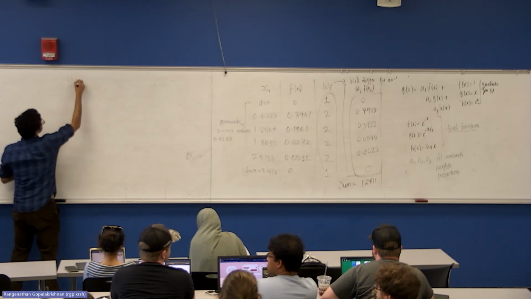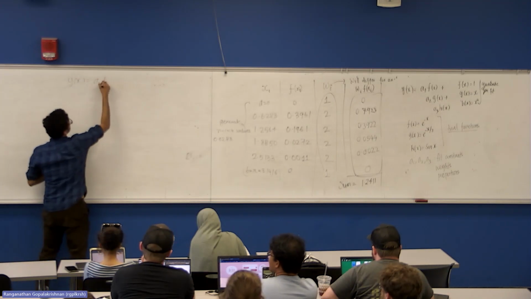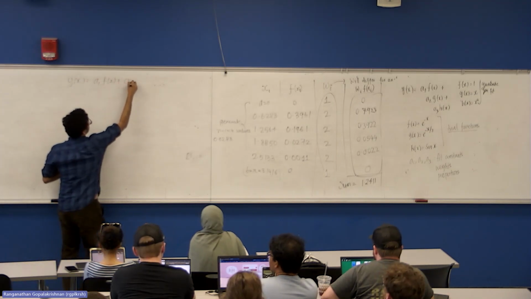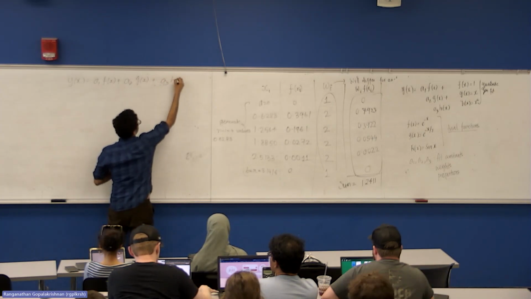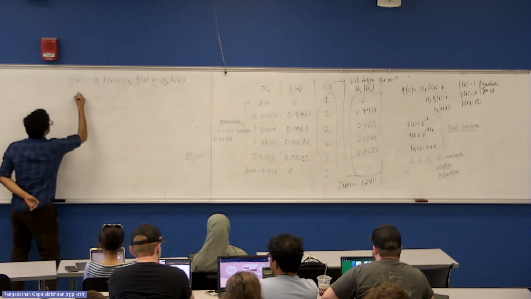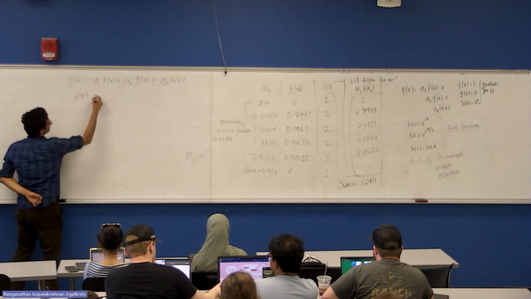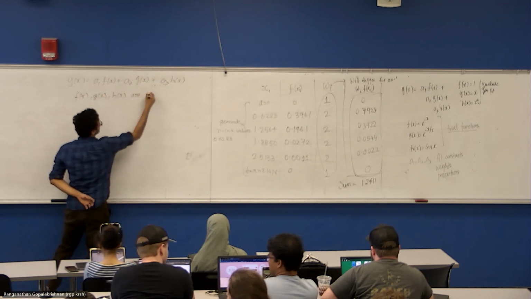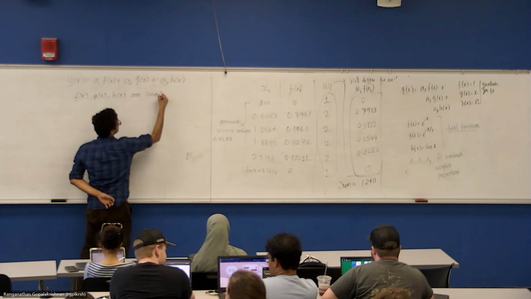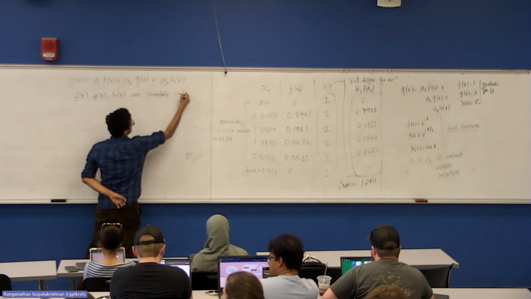So y of x equal to a1 f of x plus a2 g of x plus a3 h of x. f of x, g of x, h of x are linearly independent.